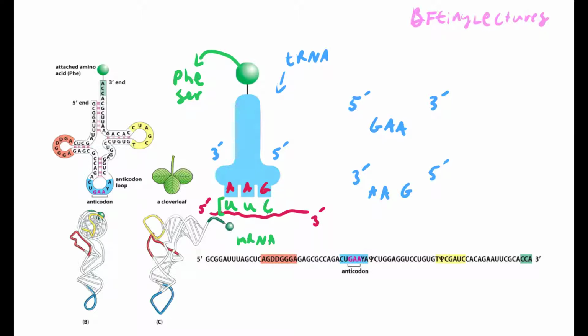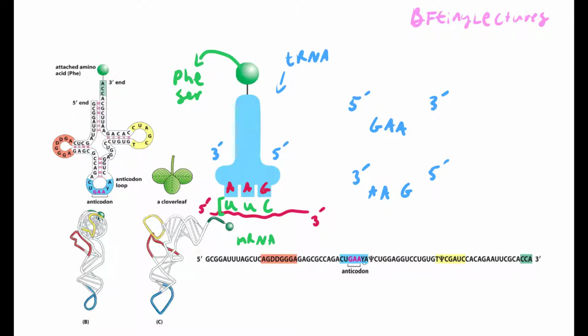We didn't create it. The tRNA just has what it wants. It says, I need something that is complementary to the AAG. Oh, UUC is complementary to the AAG. Therefore, I should make the amino acid that the mRNA codes for. So the amino acid that UUC codes for is phenylalanine and also serine.